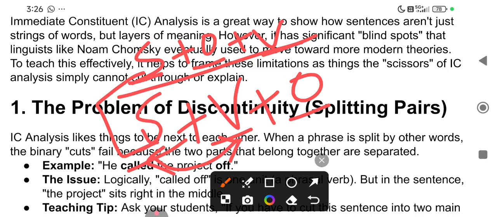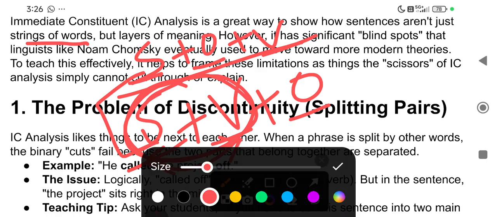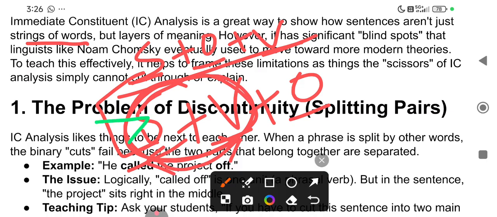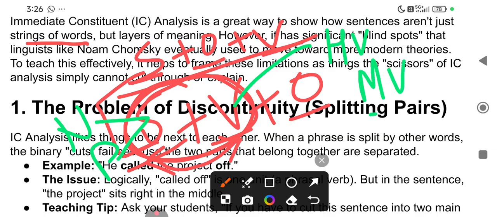So this is not just a string of words; each word has its own meaning. For example, the subject: what is a subject? It is either a noun or a pronoun. Then the verb: there are helping verbs and main verbs. Sometimes only the main verb is there, sometimes the helping verb is also there.